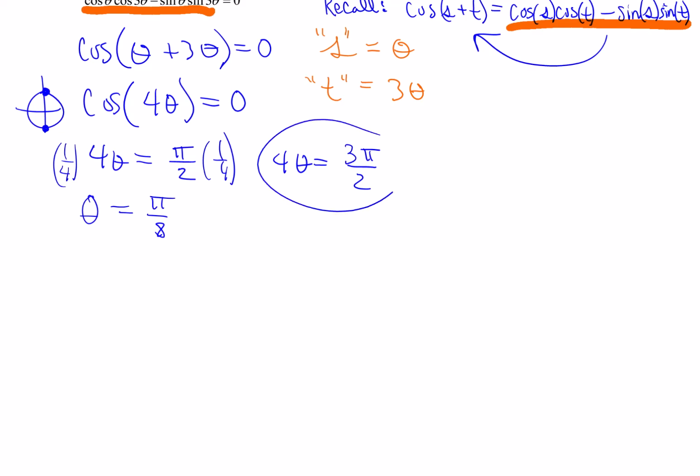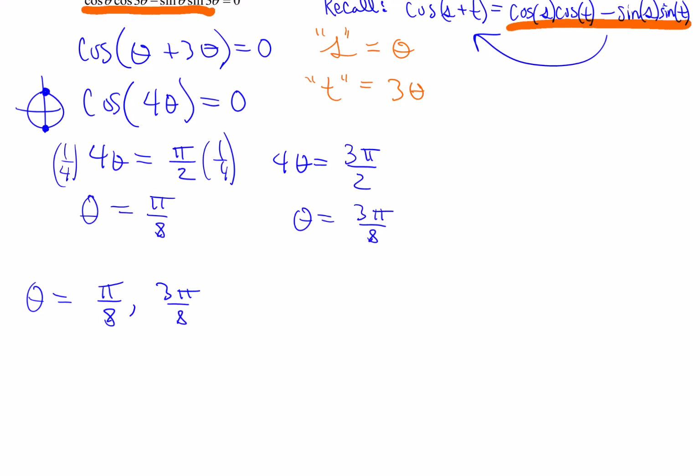If I go to the second solution we had, where 4 theta equals 3 pi over 2, those are all the places at the bottom of the unit circle. Again, dividing both sides by 4 would yield theta equals 3 pi over 8. That's just multiplying both sides by 1/4. Which gives us a couple interesting values. We have theta equal to, let's start listing these, pi over 8, and then 3 pi over 8.